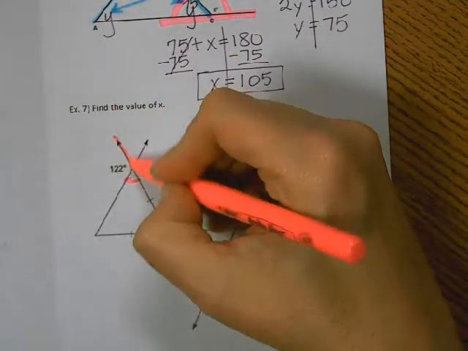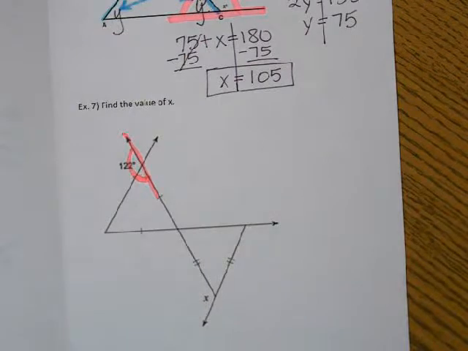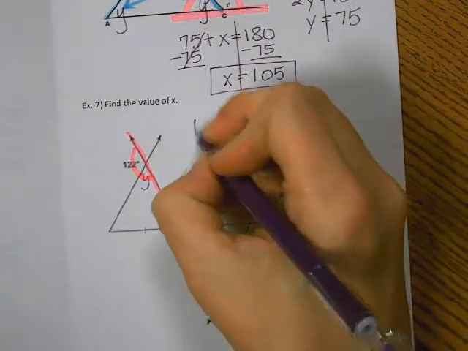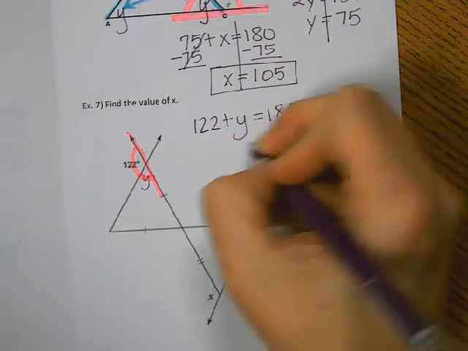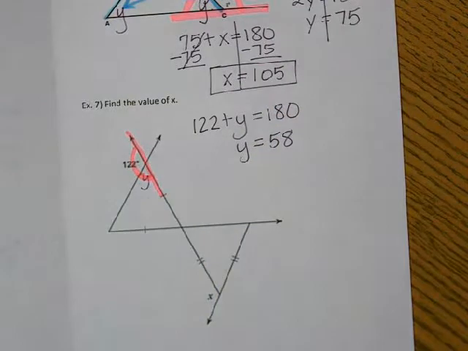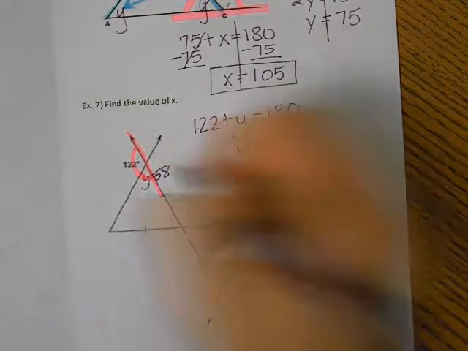Okay, so that means I can take 122 and that angle right there, and together they make 180, right? So we'll call this angle y. So this is 122 plus y equals 180. So y is equal to 58. Okay, so this angle now is 58.